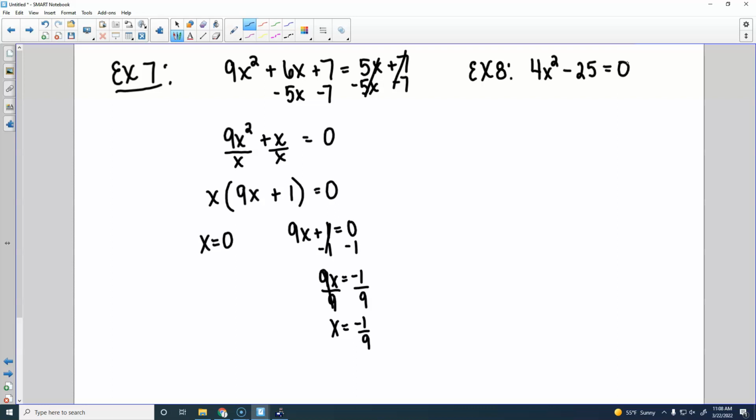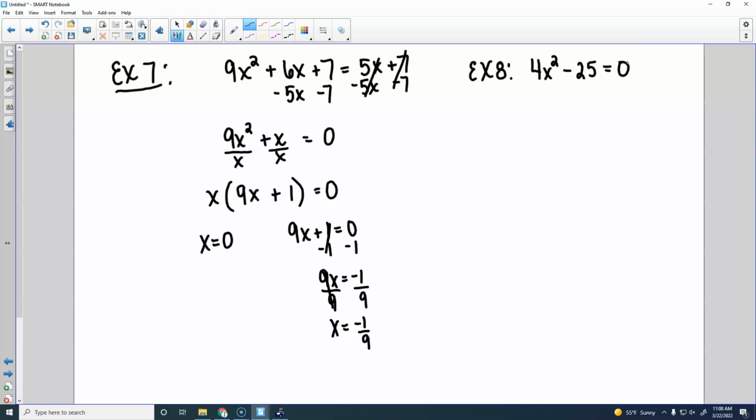All right, so we got 4x squared minus 25 equals 0. All right. Who has an idea on this one? What do you think?